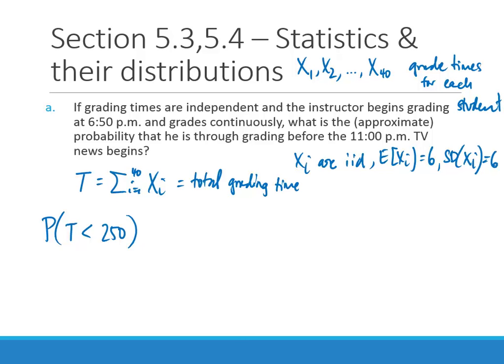We need to hope we can use the central limit theorem. Thankfully, n equals 40, which is bigger than 30 on most days anyway, so we can use the central limit theorem.